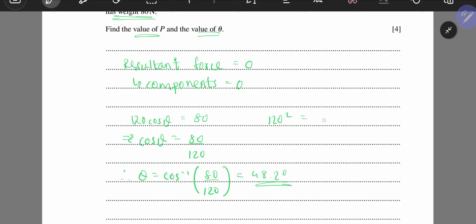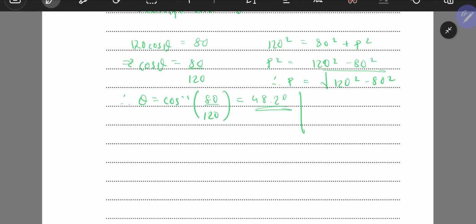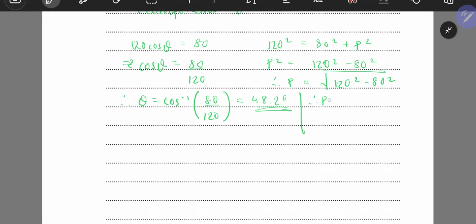I have theta, now I can solve for P, or alternatively I can just use Pythagoras to solve. So 120 squared is equal to 80 squared plus P squared, since it's still a right angle triangle. So P squared is equal to 120 squared minus 80 squared. Therefore, P is equal to root over 120 squared minus 80 squared.